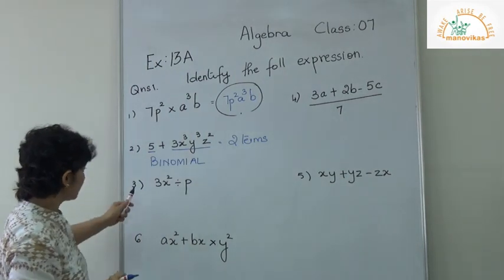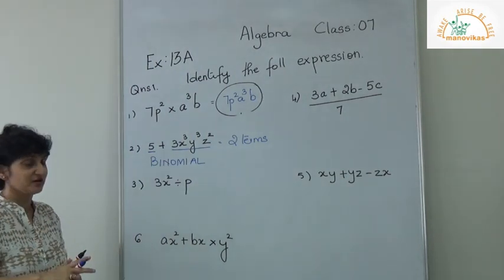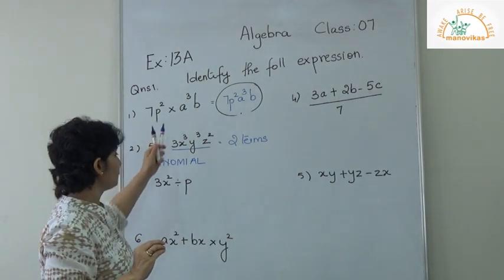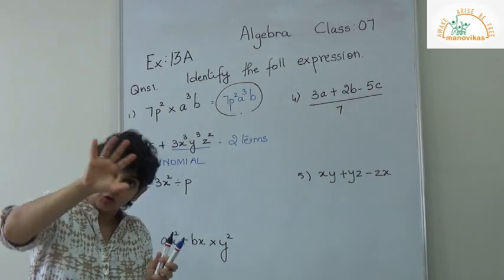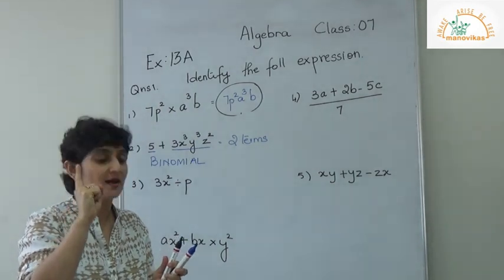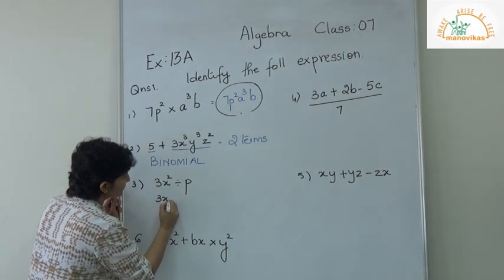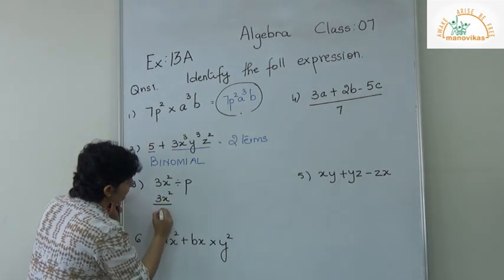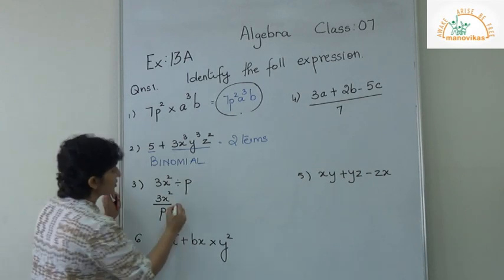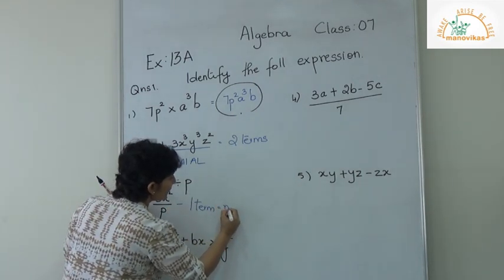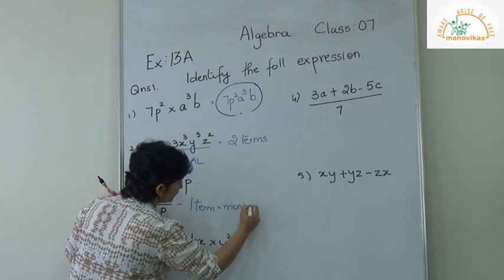Is that clear? So third one, again children, there is division. Please remember, whenever you have multiply and divide, the whole thing becomes one term. Like here, this is 3x squared upon p. This is just one term. So this is called a monomial.